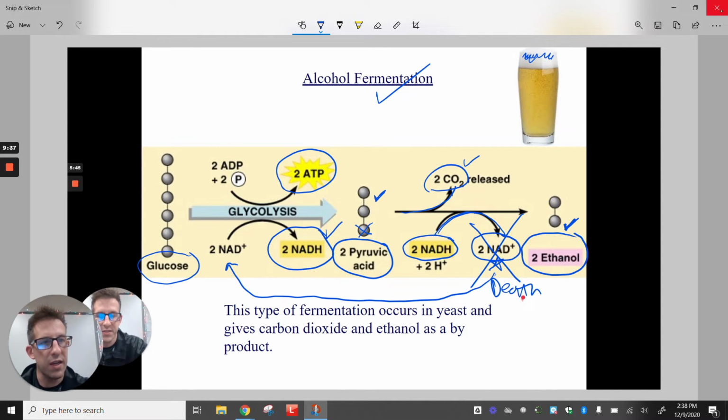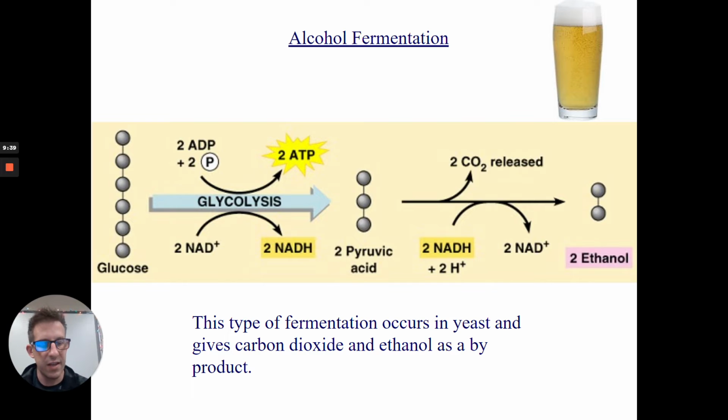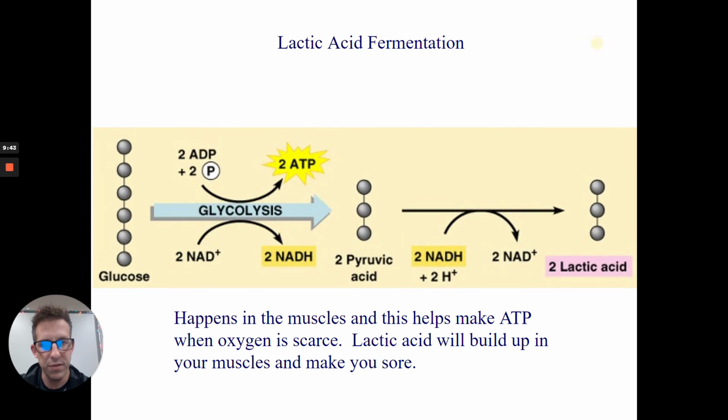Now, let's extend that a little bit and talk briefly, if I can find the cursor, there it is, about lactic acid fermentation. Lactic acid fermentation happens in the muscle cells of human beings, and it makes ATP when oxygen is scarce.